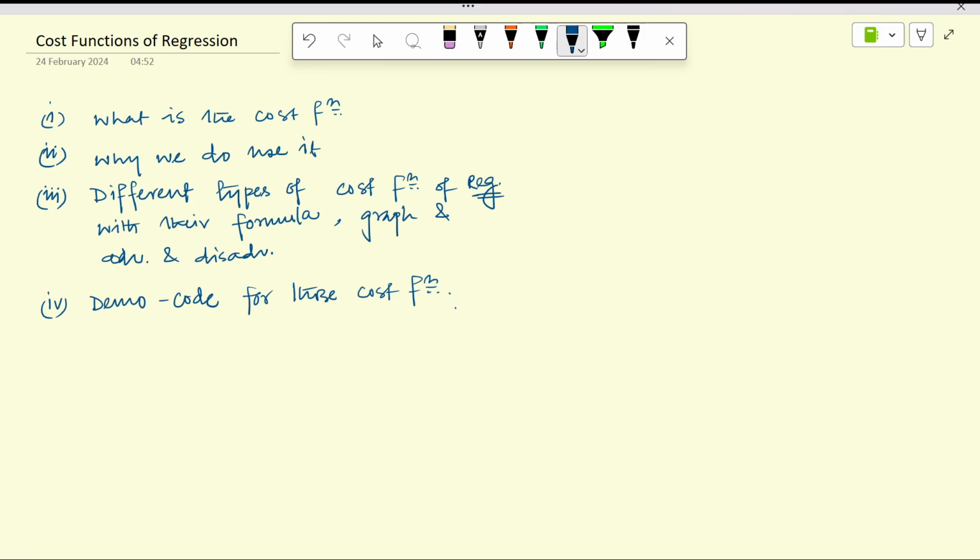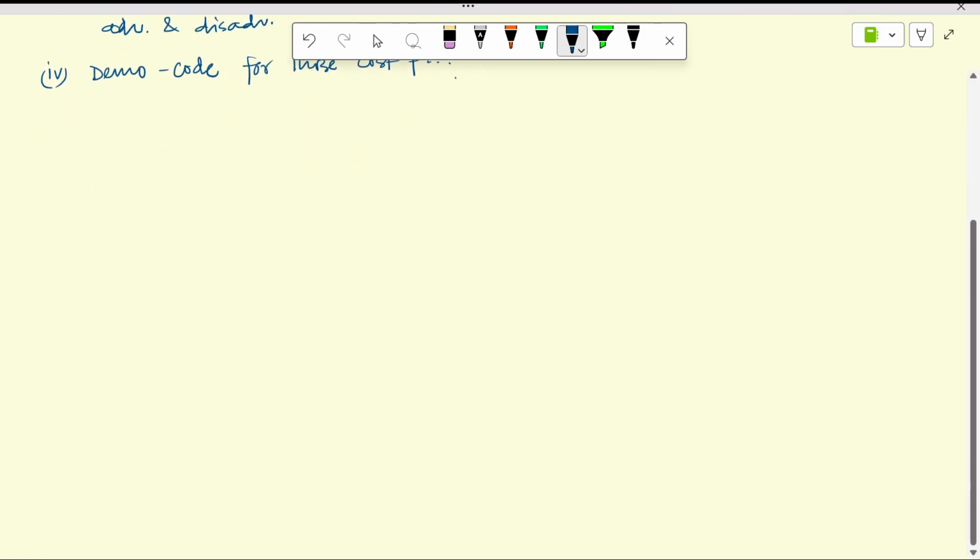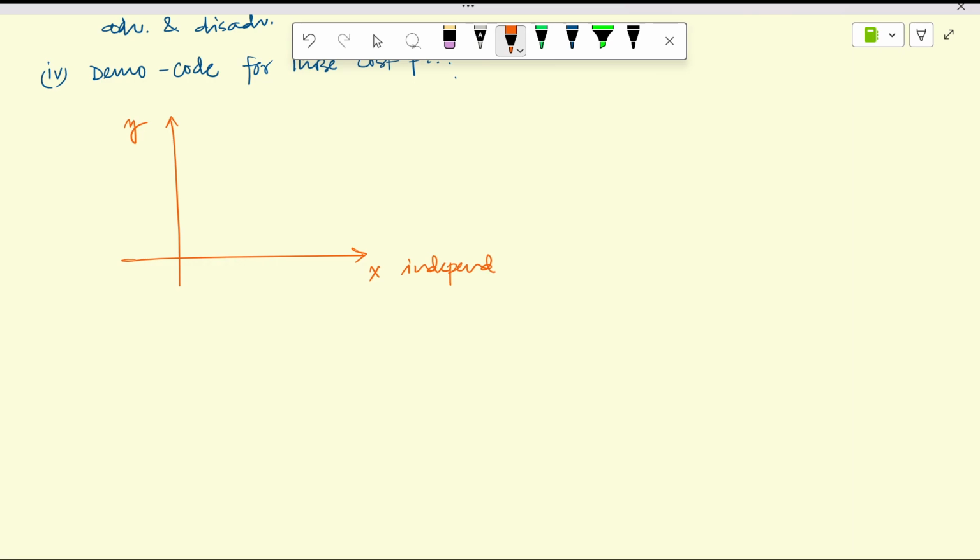So let's define the cost function. In my previous video, I explained how regression works. So let's start a plot. Let this be x, the independent variable for the dataset, and this is the dependent variable. And these are our data points.